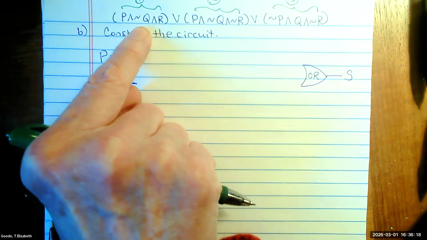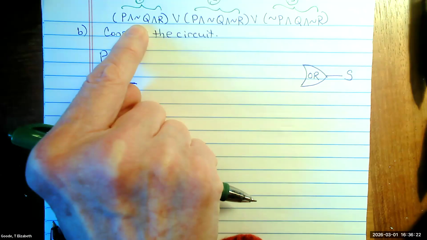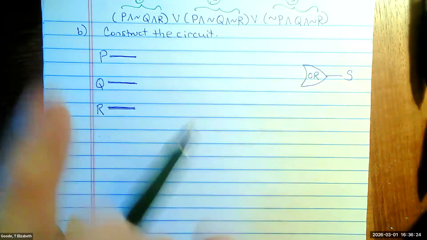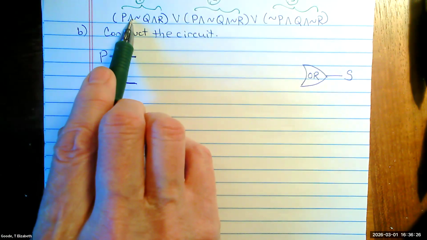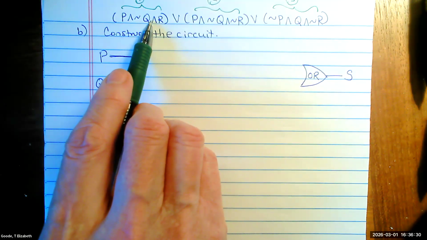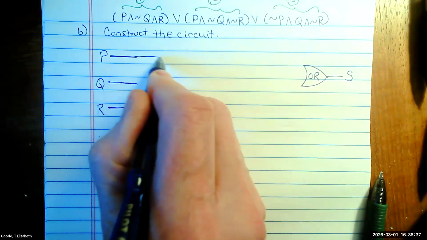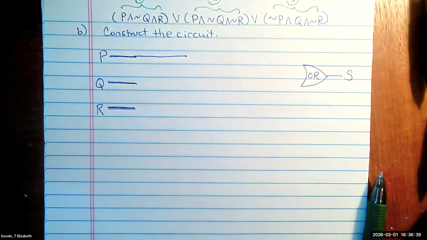Let's take a look inside subcircuit 1 for the expression P and not Q and R. Notice there's an AND gate here and here, and it's okay to feed 3 wires into an AND gate. So we're going to bring the P over. We're going to put a P wire in there.